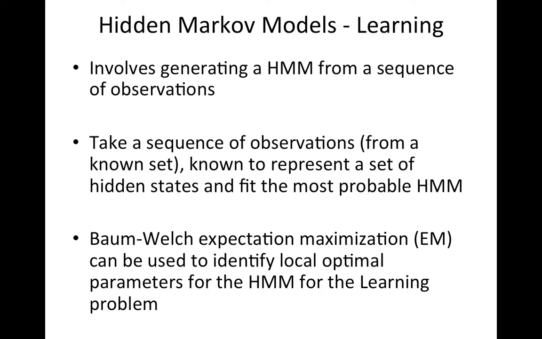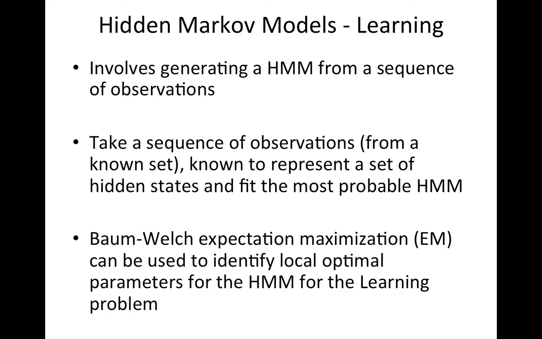And then there is a big set of problems of learning. This involves generating a hidden Markov model from a sequence of observations. So we take a sequence of observations from a known set, the training set, and then represent the set of hidden states and fit the most probable hidden Markov model. There are lots of algorithms.